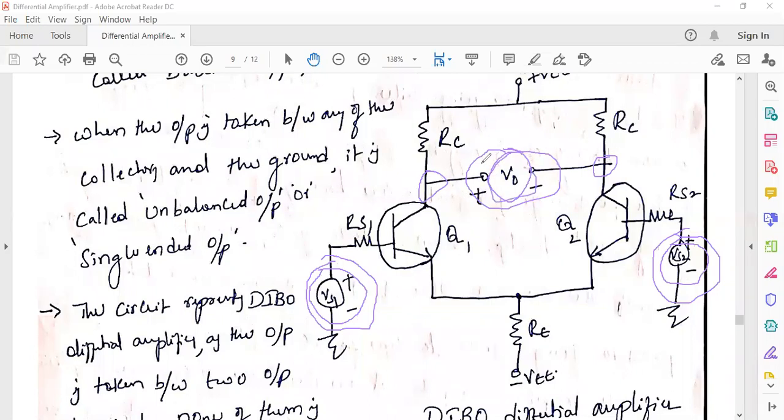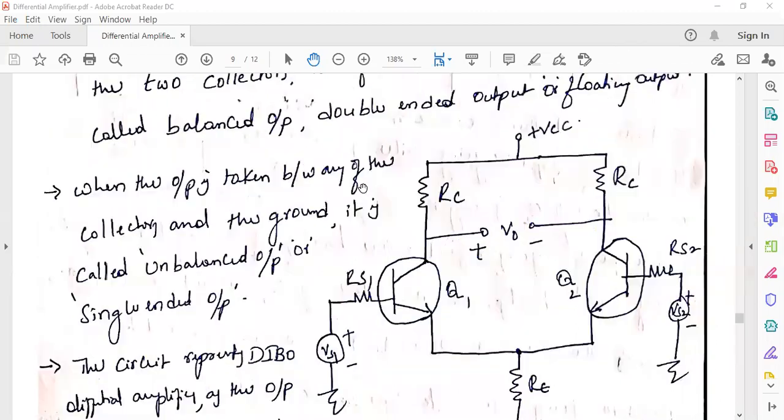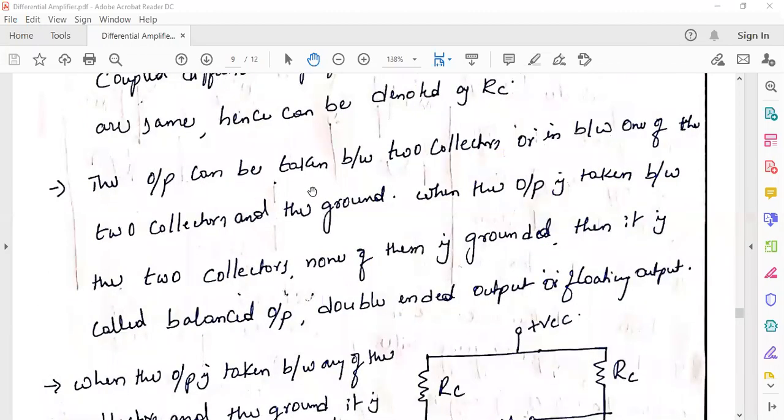Here the output is measured between two collectors. If the output is measured between two collectors, this output is called balanced output. Very important point. The output can be taken between two collectors or between any one of the collectors and ground. When the output is taken between two collectors and none of them is grounded, it is called balanced output, or double-ended output, or floating output.